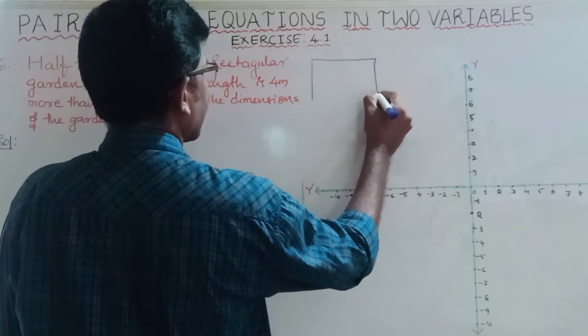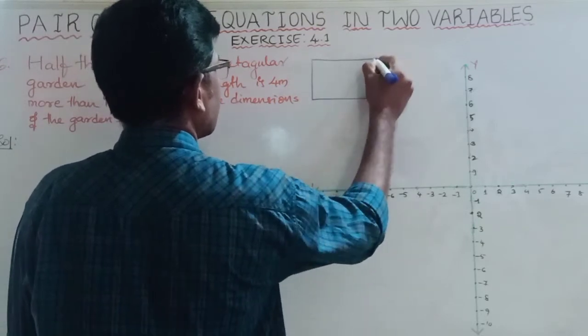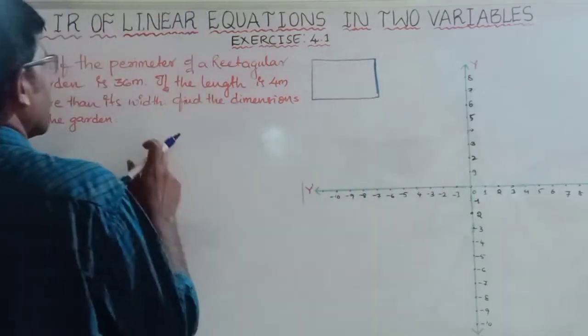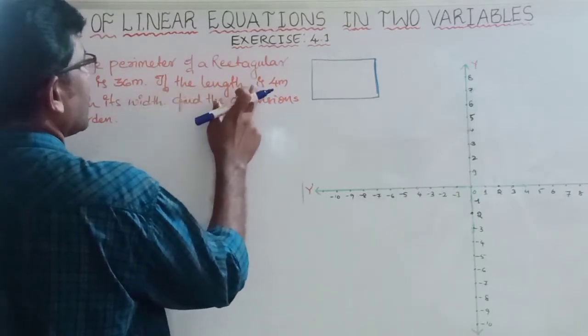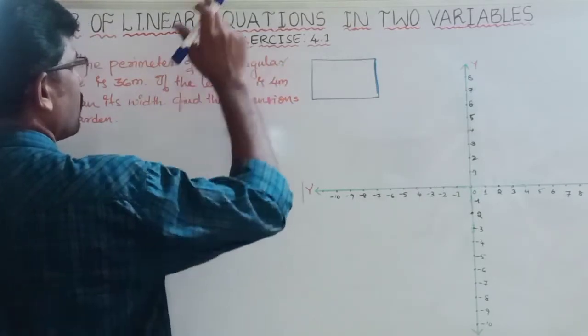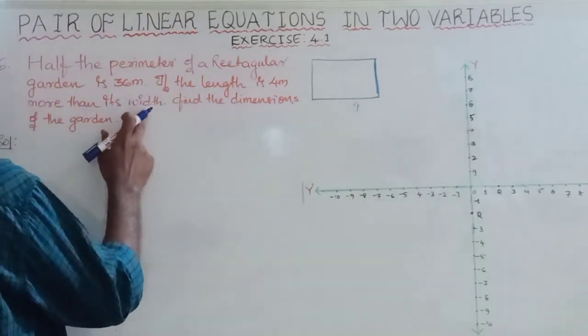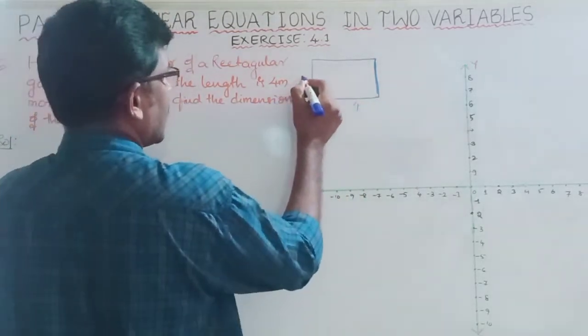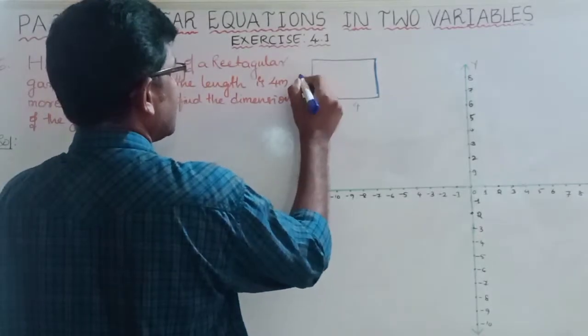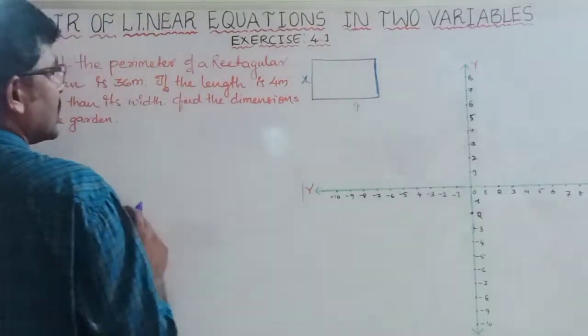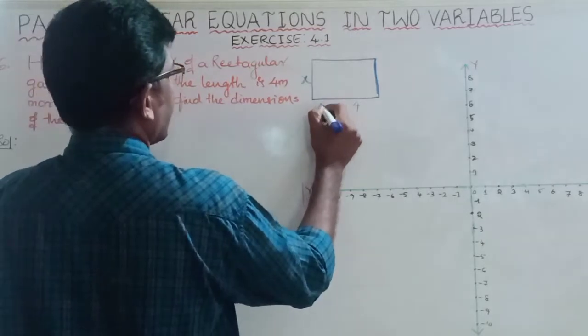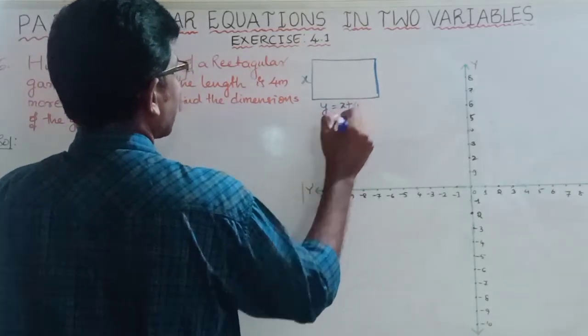This is a rectangular garden. The length of the garden is 4 meters more than its width. So let the width of the garden be x, then the length y equals x plus 4.